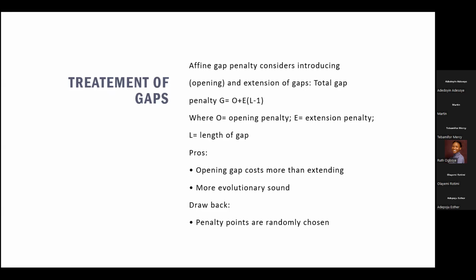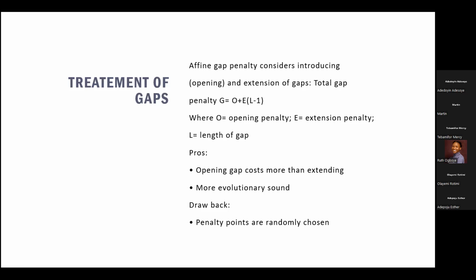And it is more evolutionarily sound actually to use the affine gap penalty, because you're considering the opening gap and the extending gap. But the drawback is that the penalty points are randomly chosen. By penalty points, I mean the score you give to every gap. You know, for every gap, it has a negative score.